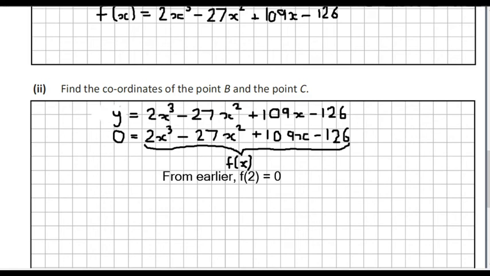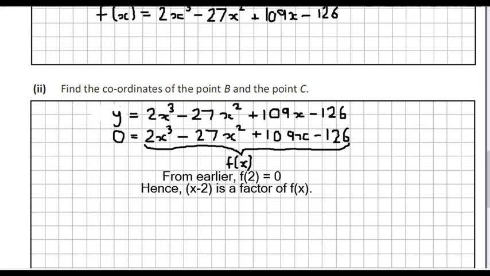So what that's going to mean is this. Hence, x minus 2 is a factor of f of x. And that comes from the factor theorem.